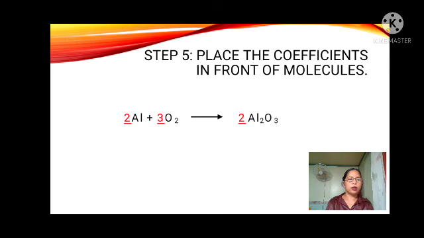Always see to it that the coefficient is written first before the symbol of each element. But on the product side, although both elements did not get multiplied, still place the number that was multiplied as the coefficient in front of the compound. So this is the coefficient.